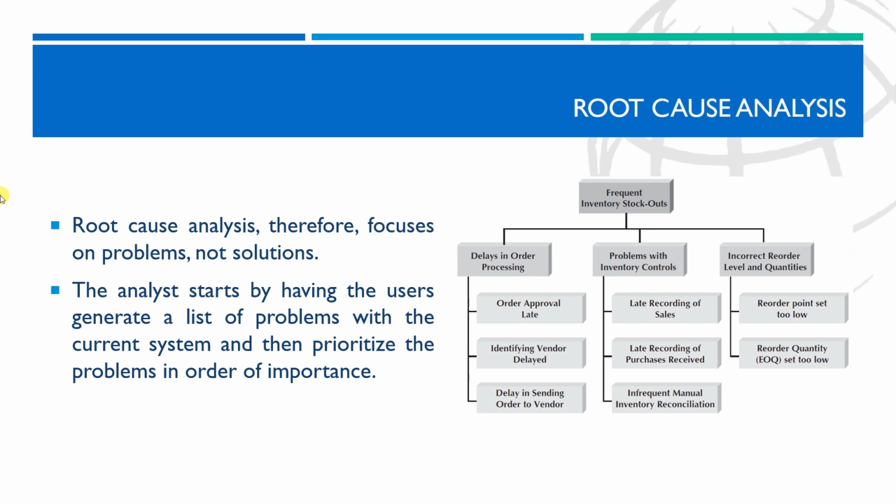The analysts start by having the user generate a list of problems with the current system and then prioritize the problems in order of importance, starting with the most important. The user and/or the analyst then generate all the possible root causes for the problems.